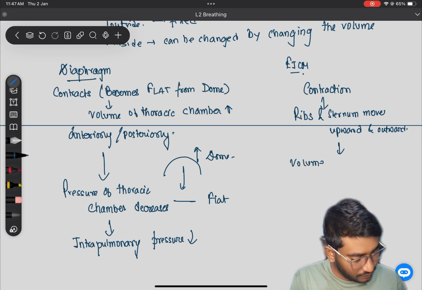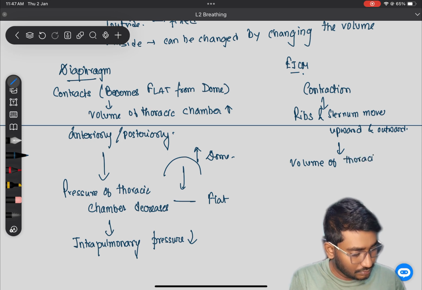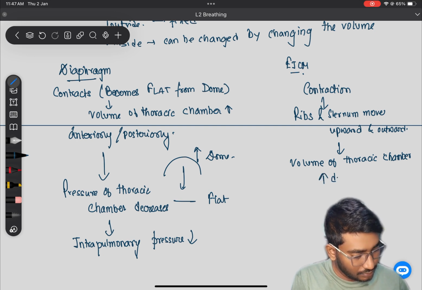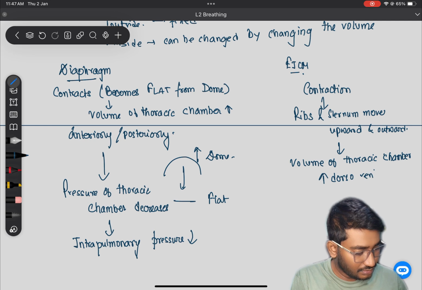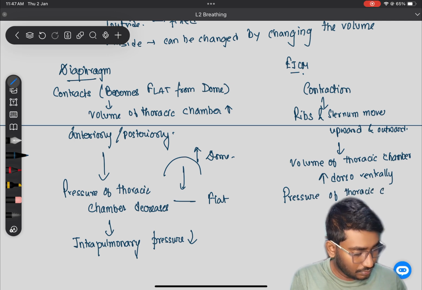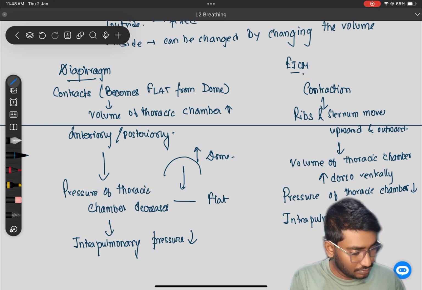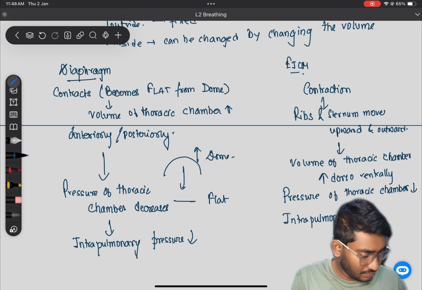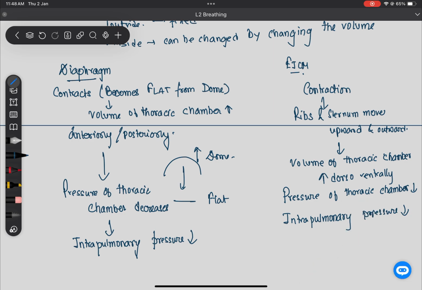The volume of the thoracic chamber increases dorso-ventrally. The pressure of the thoracic chamber decreases, and the intrapulmonary pressure decreases. This way we generally conduct normal inhalation.